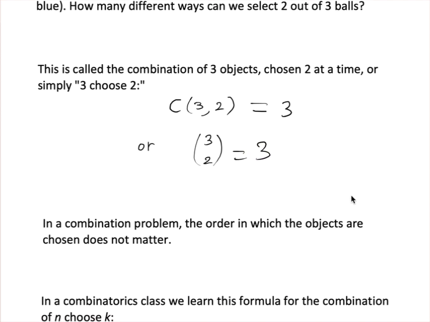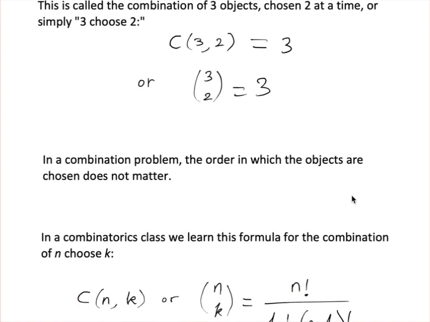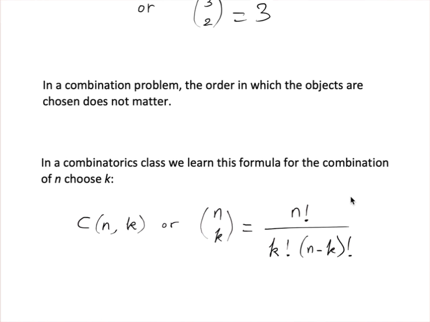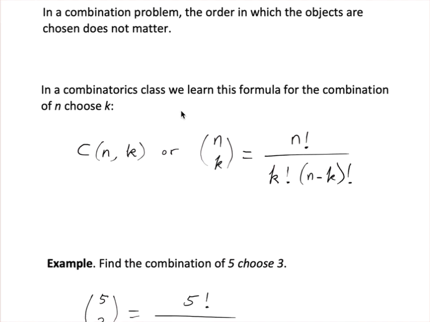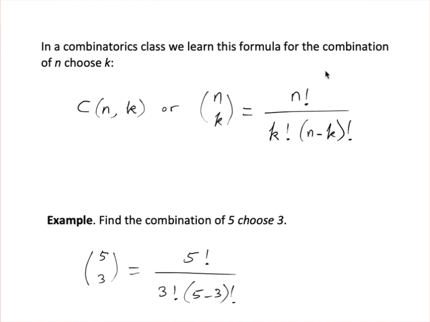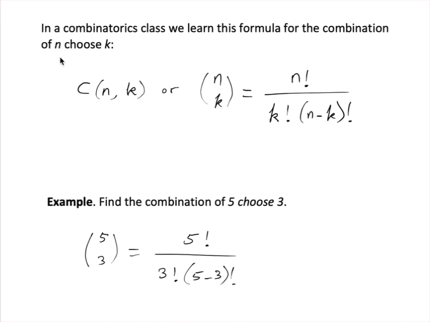And in general, in a combinatorics class, we learn this formula for the combination of n choose k. N is the total number of objects. K is how many you choose at a time. And that formula is n factorial divided by k factorial times the difference, n minus k factorial.